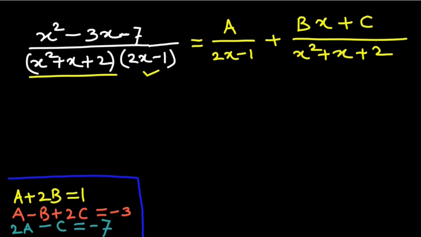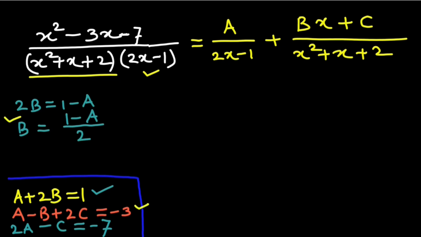First, we will take up this equation which gives us 2b equals 1 minus a, b equals 1 minus a by 2. We will substitute this value of b in the second equation and write a minus 1 minus a by 2 plus 2c equals minus 3.